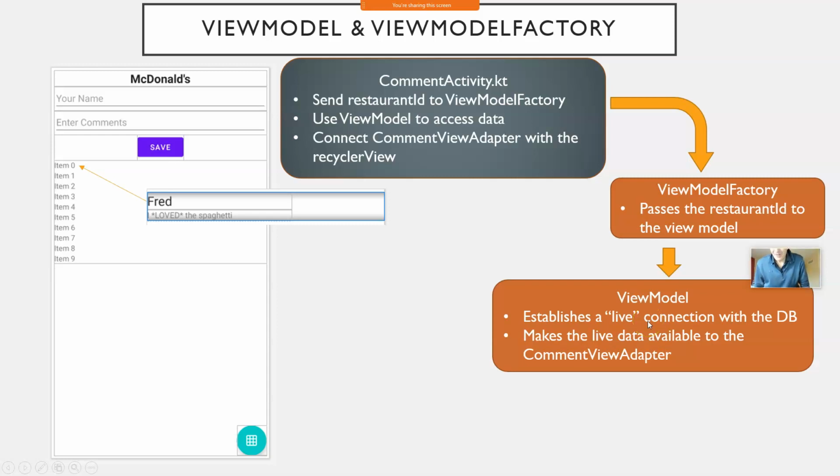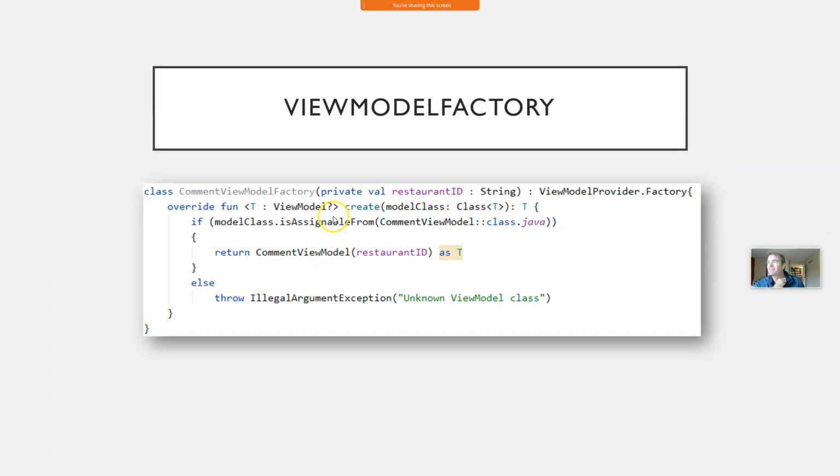And I know it probably feels like a lot of steps, but it's not that bad once you start playing with it. So the view model factory, I've put here some example code. And what I want you to recognize with a lot of these things is you're making minor modifications to some boilerplate code.